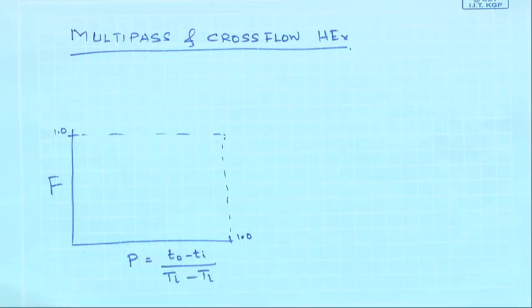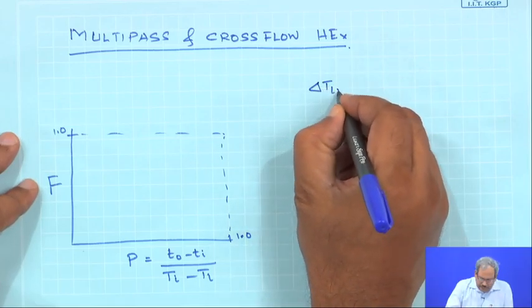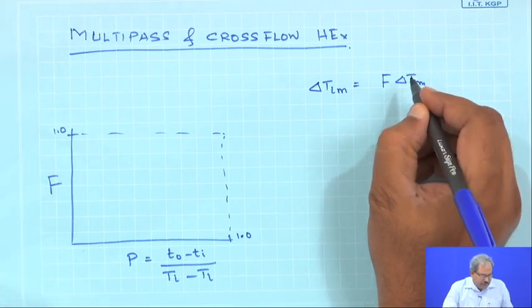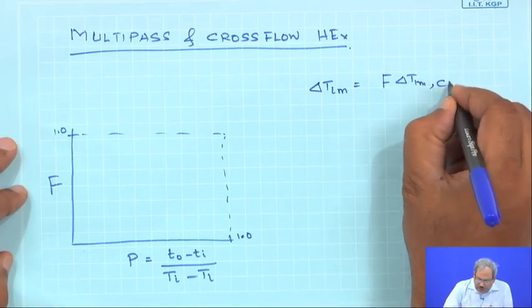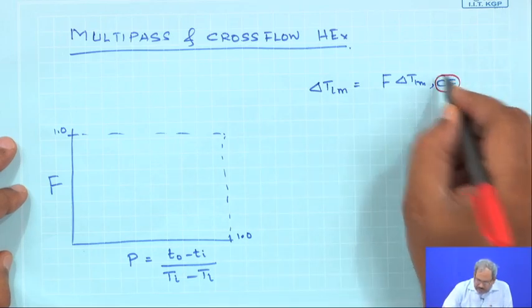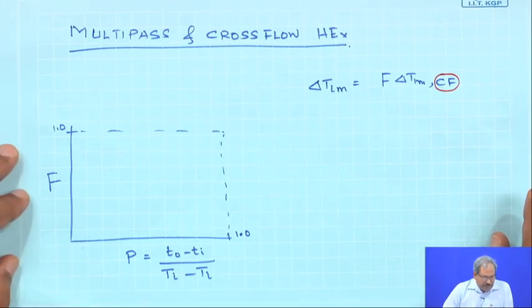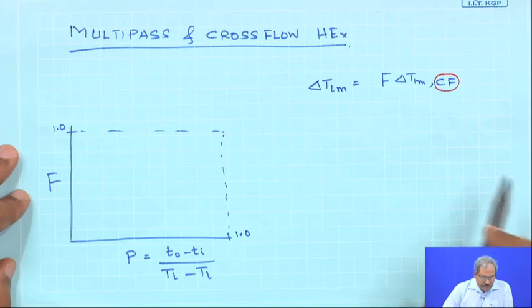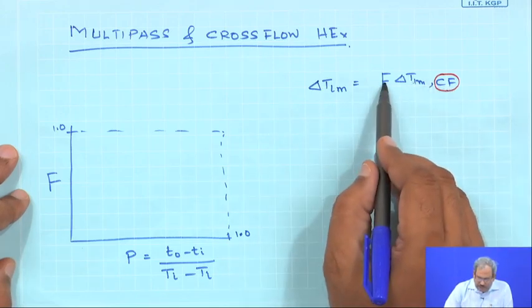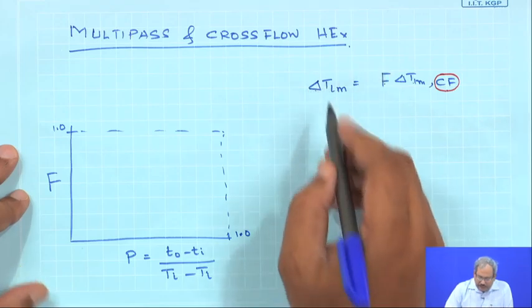For the case of correction, what we need to do is correct delta T L M as F delta T L M based on pure counter flow. This is important: you first calculate delta T L M as if the flow is taking place in counter flow, and multiply that with F in order to obtain delta T L M for the case of mixed flow.